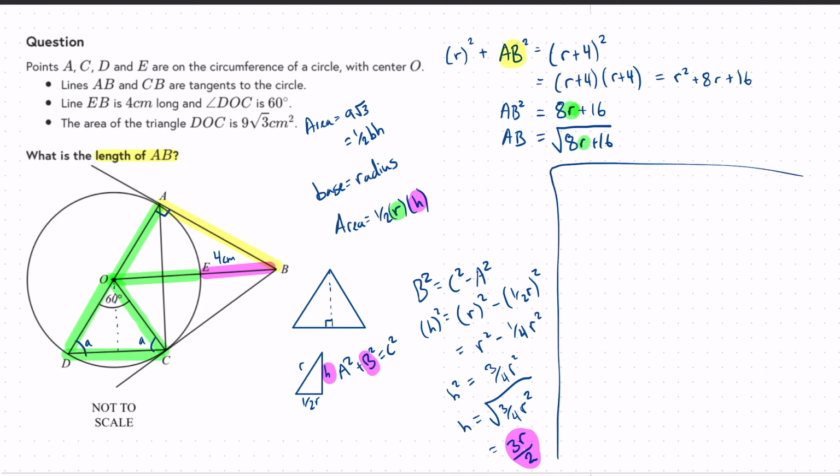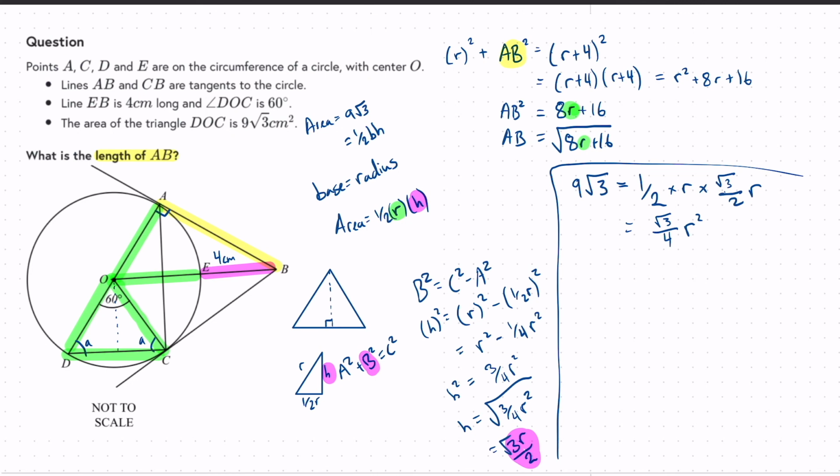So the area, which I also know, is 9 times the square root of 3, which is equal to, we didn't resolve this yet, half of the radius, and the height, which is square root of 3 over 2 r, which becomes, well, half times this, we get the r squareds over here, root 3 over 4.